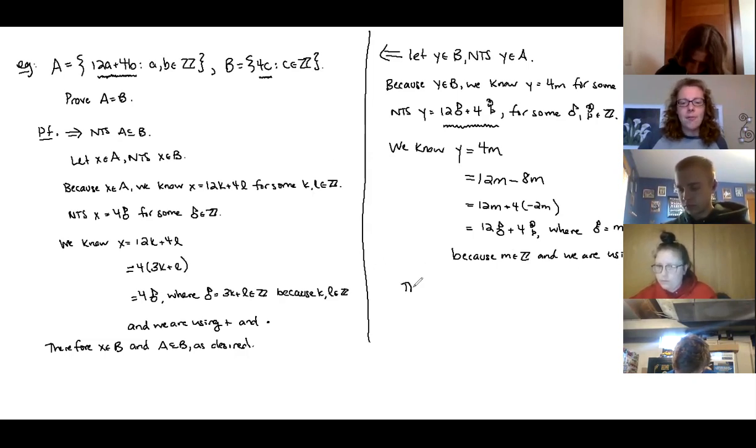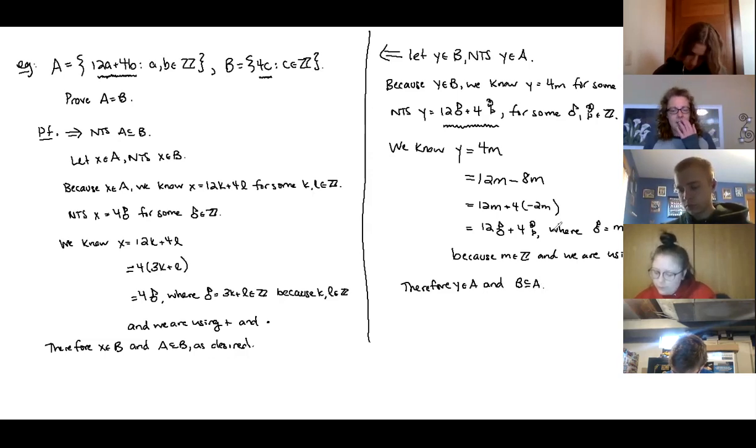All right, therefore, I'm ready to finish up my proof. Therefore, y lives in A and B is a subset of A. We got y living where it's supposed to.